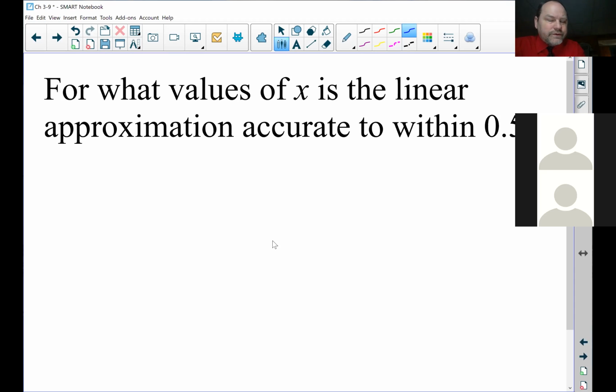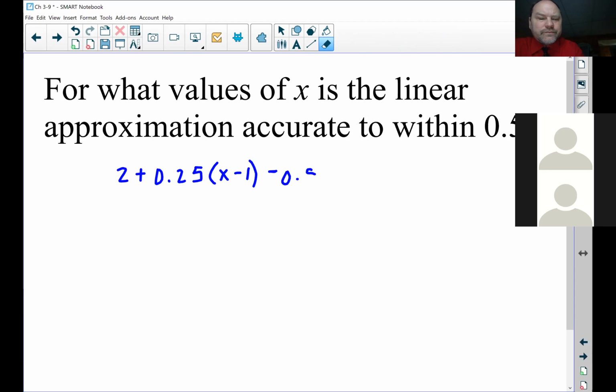So we want to know our linear approximation is within 0.5 of the actual. So we could be, that's not how I want to do it.